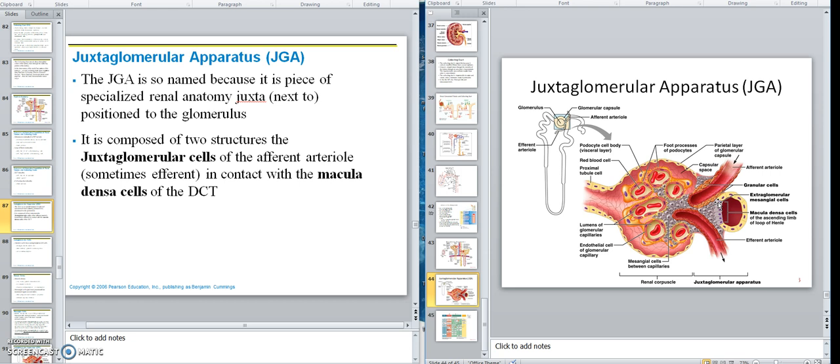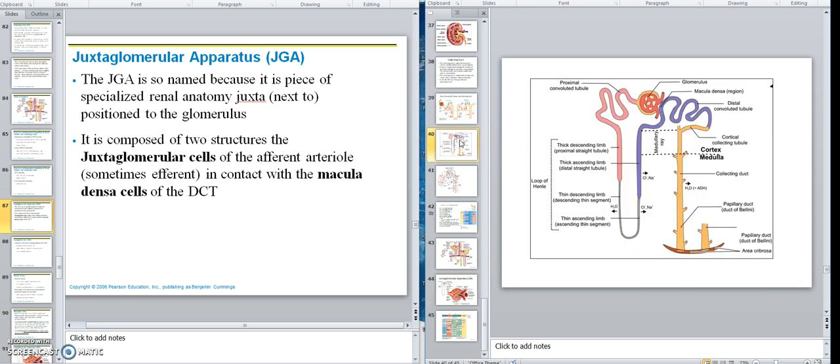Now let me kind of show you how this thing goes here. Strange as it might be, we come here and here is the distal convoluted tubule. The distal convoluted tubule comes and actually touches right next to these arterioles, afferent and efferent.